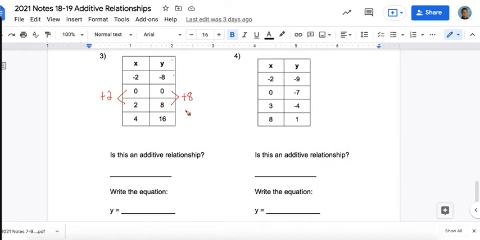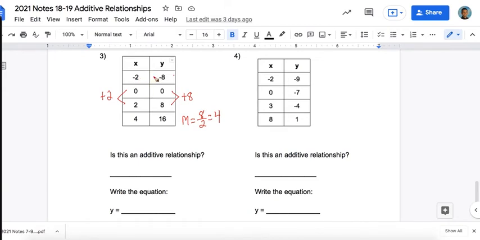Now remember, when we're finding slope, we do rise over run, or change in y over change in x, so I'm going to write 8 over 2. What's 8 divided by 2? It's 4. Okay, so the slope is 4. Okay, so let's see if it is in fact multiplying by 4 each time.